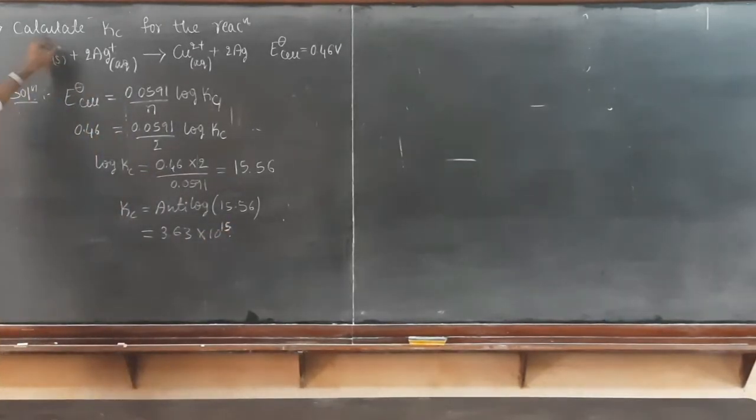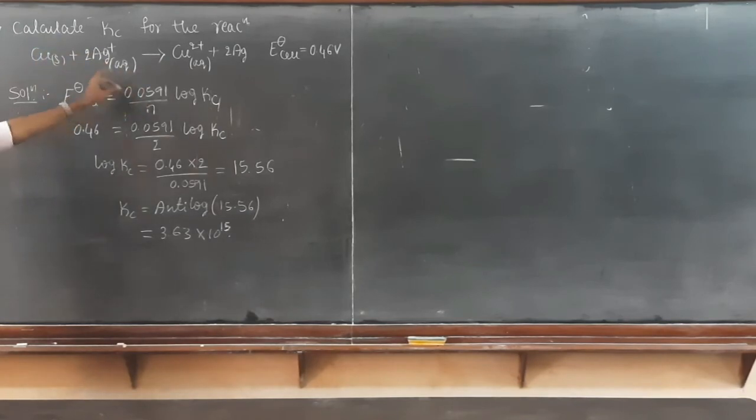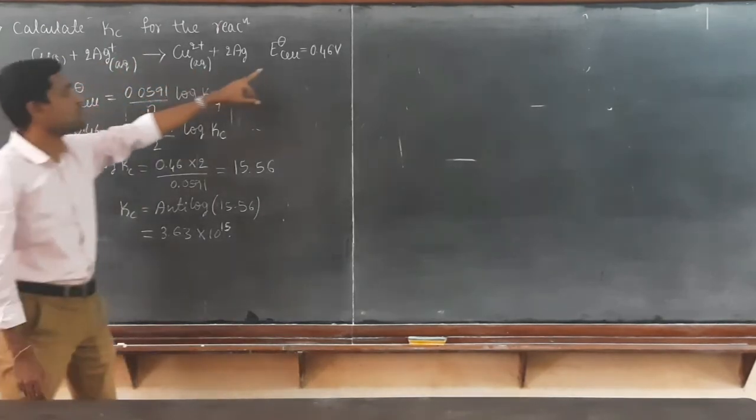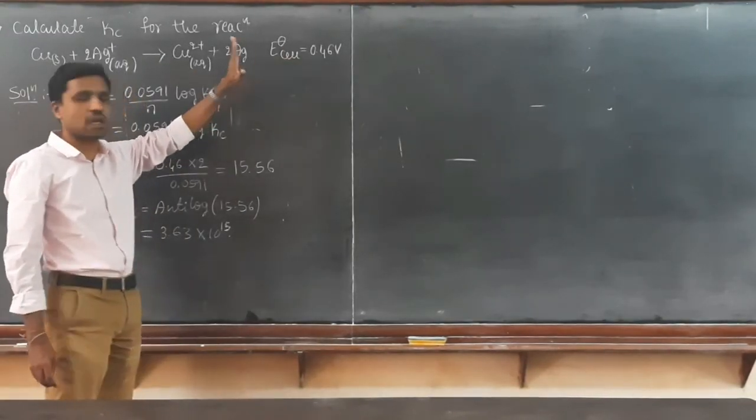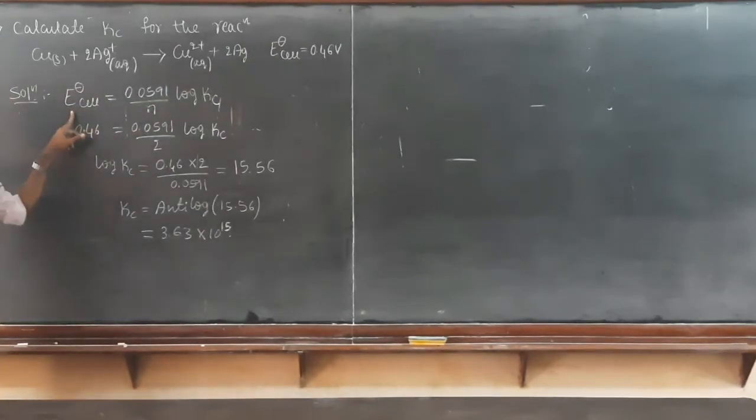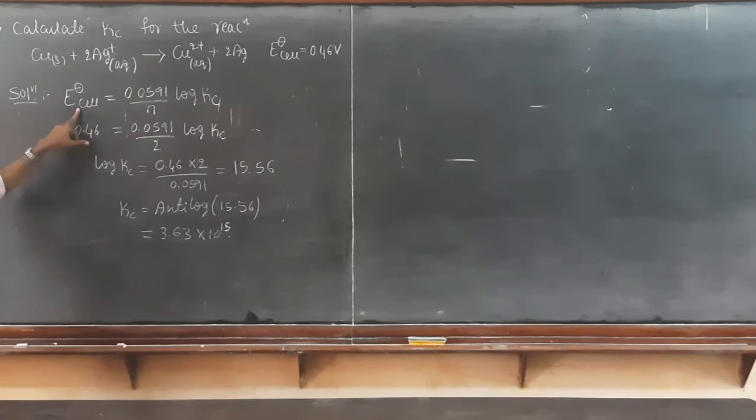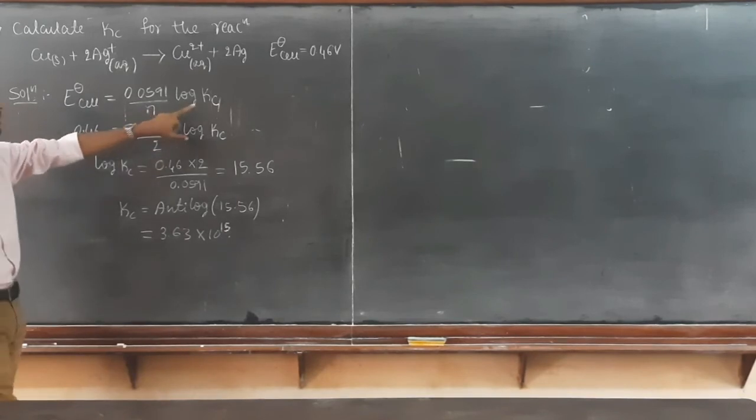This is the second problem. Here you have to calculate Kc for the reaction. Here copper will undergo oxidation, silver will undergo reduction. The E naught of the cell is directly given, that is a standard value. Already you know the relationship between the equilibrium constant and the standard electrode potential: E naught of the cell is equal to 0.0591 divided by n, log of Kc.